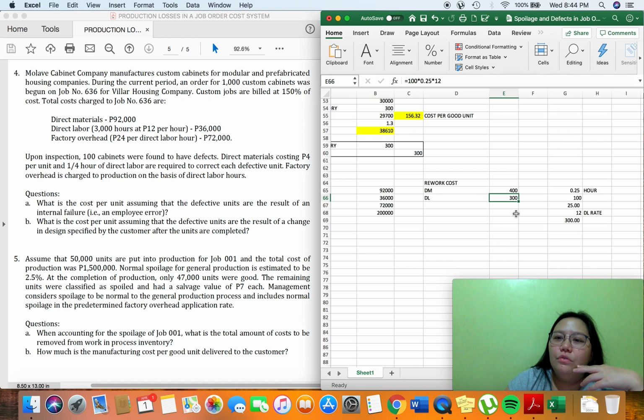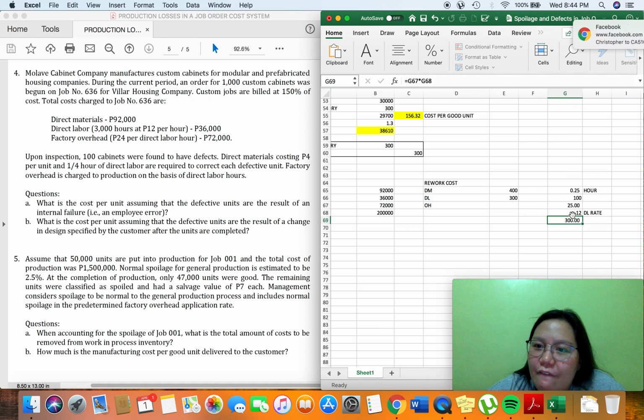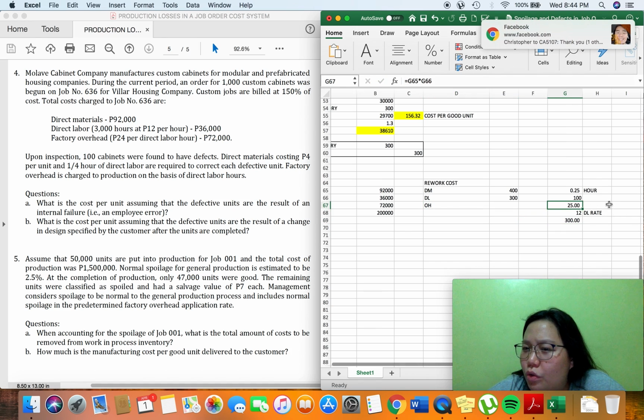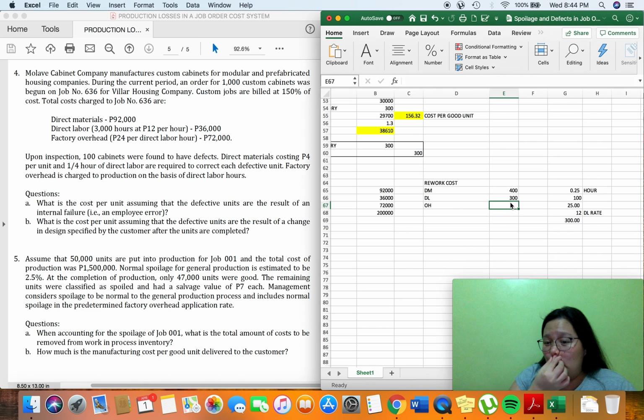So, now, for our overhead, of course, since our overhead is applied on the basis of direct labor hours, since we have spent 25 direct labor hours, we also have to apply overhead to the rework units.